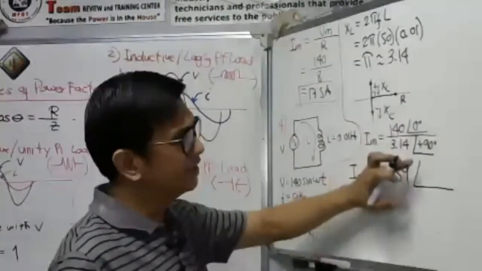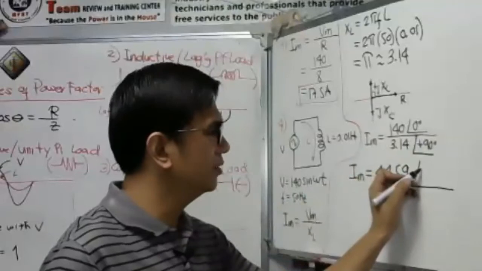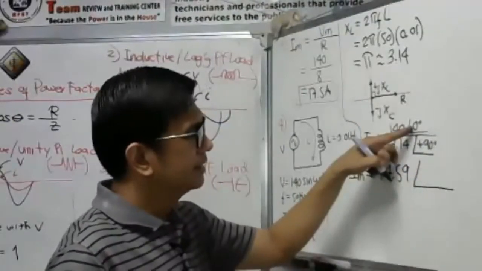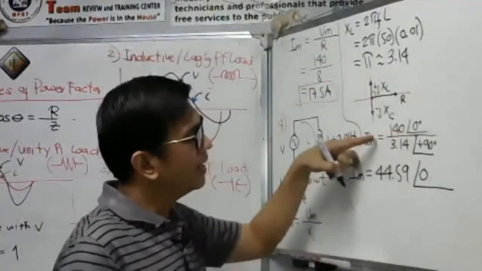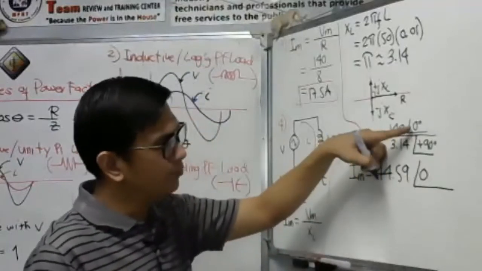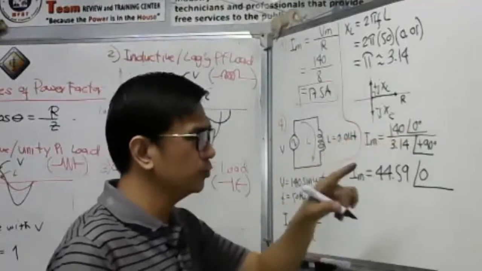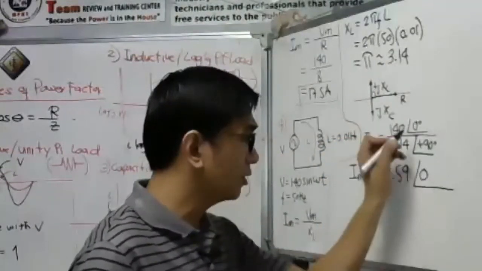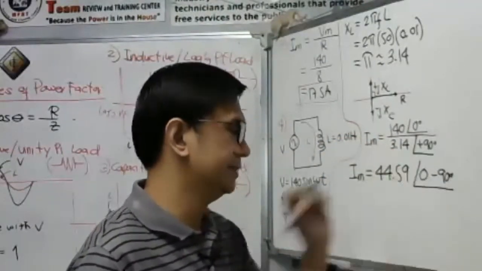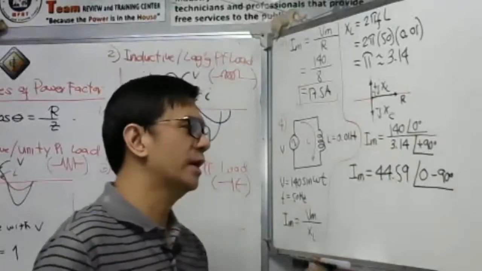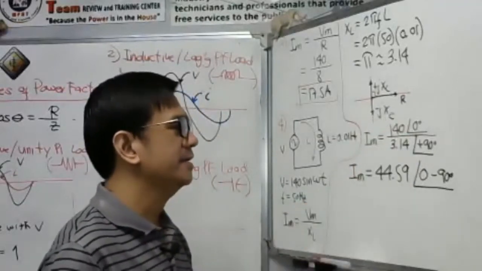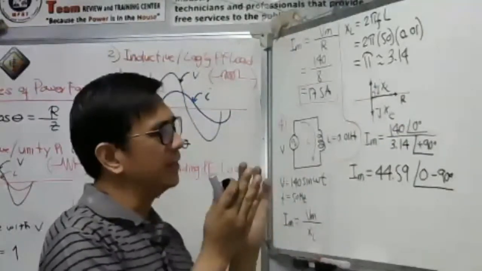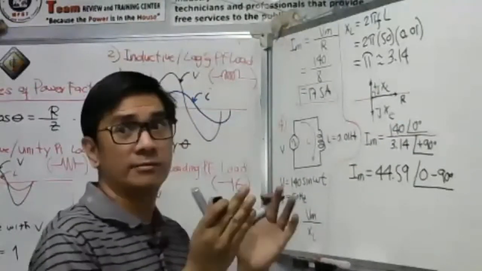In advanced engineering mathematics, what you will do here is, you have your 0 here. If we are dividing, always remember, you have to subtract: 0 minus 90 degrees. But if you are to multiply, you have to add the two.